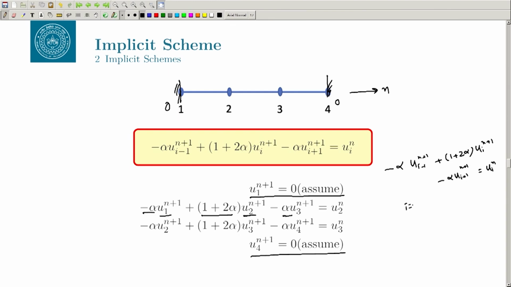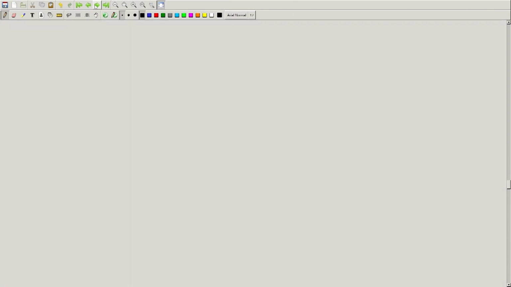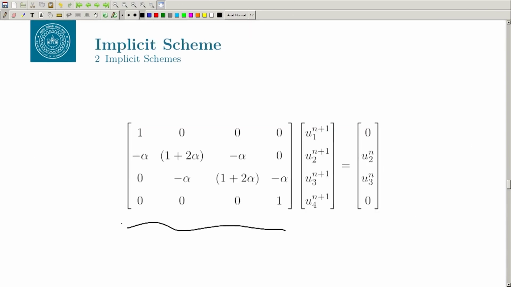So, put I equal to 2 and you will get this formula, put I equal to 3 and you will get this one, right. And if you collect it together you will get the matrix that we have discussed earlier, okay. And these two things that you are seeing are because of the boundary condition.